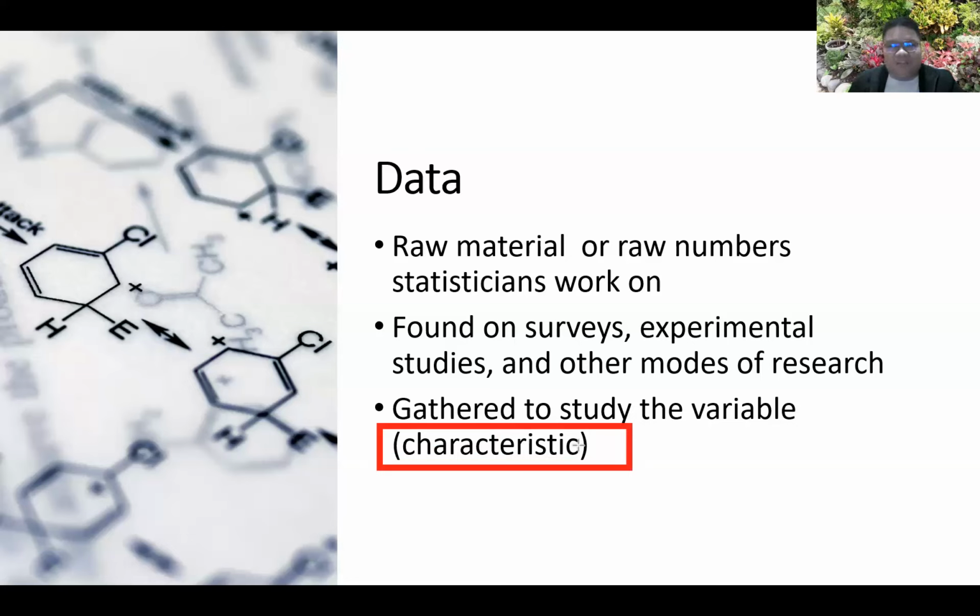Yung isa dyan strong ang yes, parang katabi pa yata. Ano? Okay, pagkatapos, for example, what is your age? And then you will say, my age is, let's say, 20 years old. 20 years old is a variable. Okay, 21 is a variable for that matter. The age is the variable, and then 20 and 21 is the data about that variable.